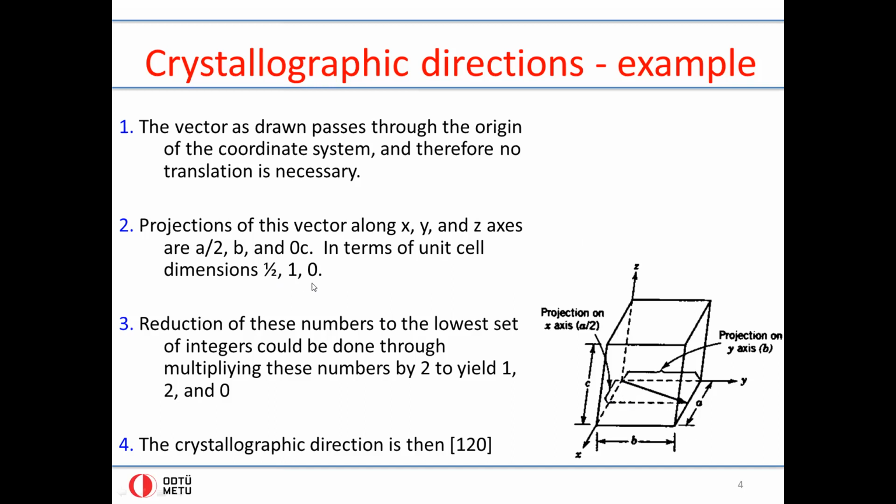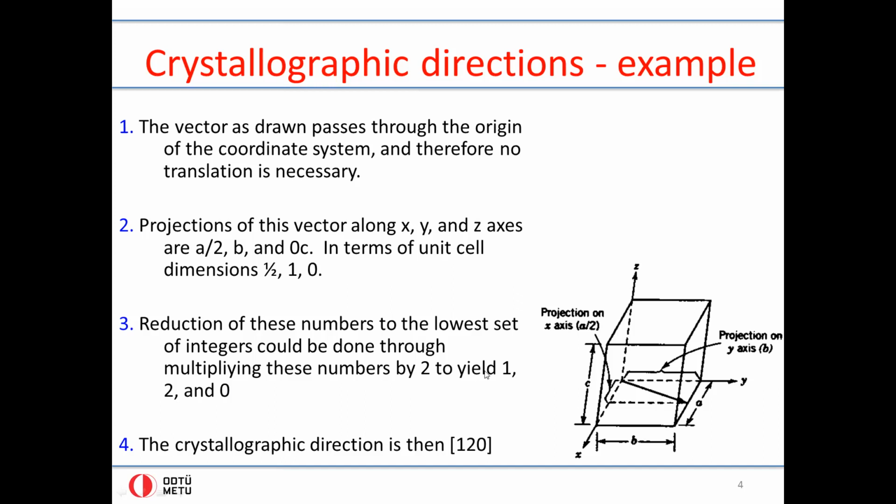So reducing these numbers to the smallest set of integers is done by multiplying this by 2, because this needs to become an integer by multiplication with 2. This also gets multiplied by 2, and this gets multiplied by 2. So this gives the new indices of 1, 2, and 0. Notice that this corresponds to the projection along the x-axis, this along the y, and this along the z-axis.